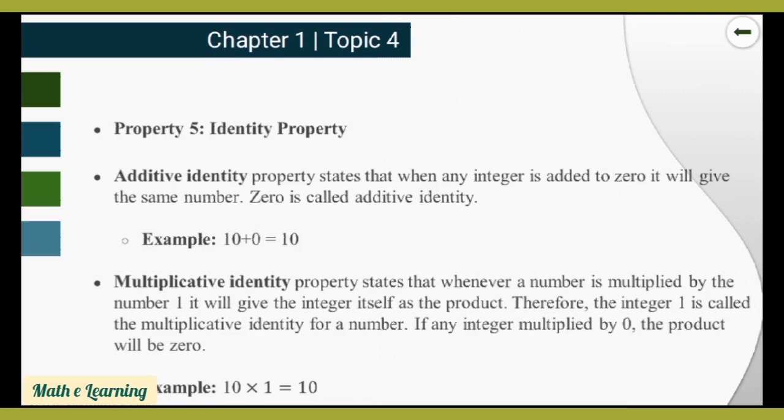Next property is identity property, and here we understand about additive identity and multiplicative identity. First is additive identity. It states that when any integer is added to 0, it will give the same number. 0 is called additive identity.